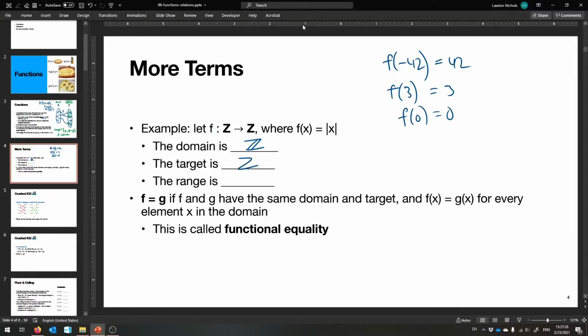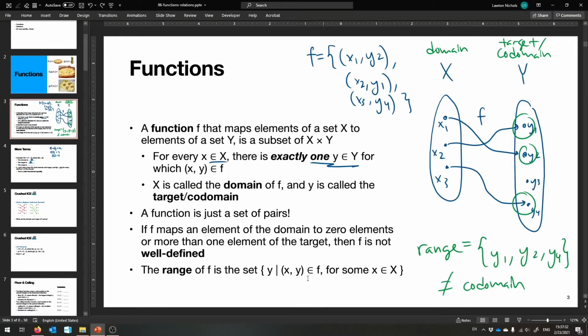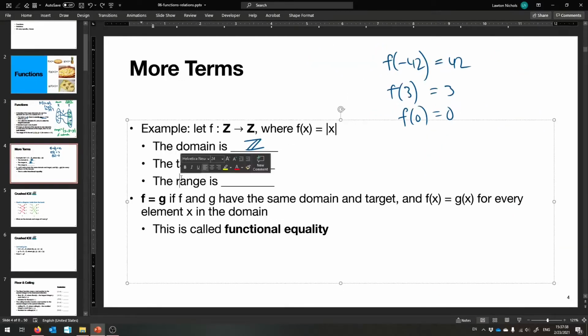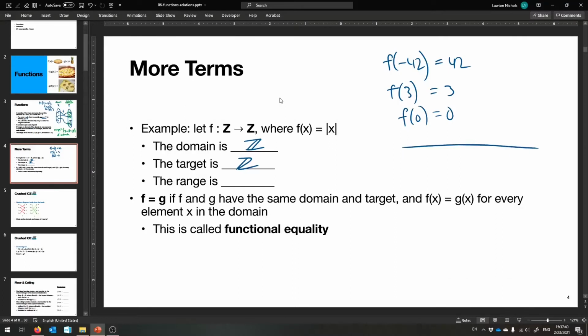But now is where the fun part happens. The range, I have warned you, is not necessarily the target, not necessarily the codomain. What is it? So the range, we need to think about this. Let's take f, and it's mapping elements of the number line. So here's 0. It's mapping elements of the number line to places, yeah?